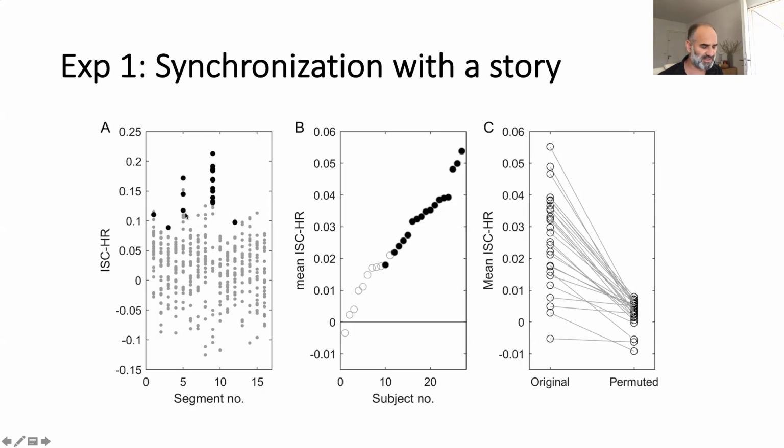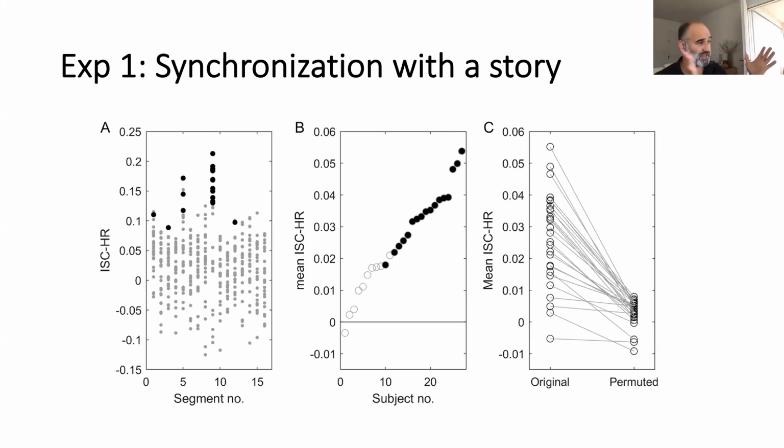The permutation test is done by making a surrogate of the data, circularly shifting all the subjects, so you lose the temporal synchrony across subjects and end up with a null result. Then you can compare the individual subject to this null result, and in each segment of 1 minute only a few subjects are significant compared to the surrogate.